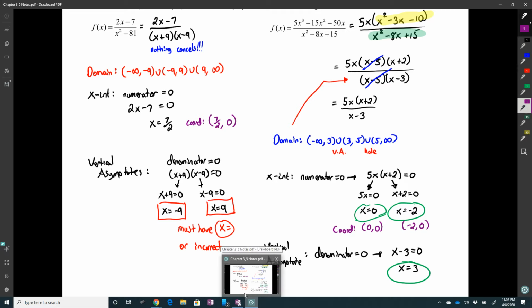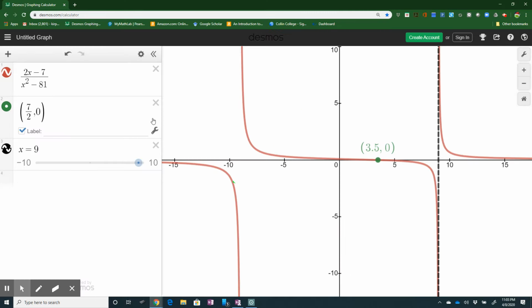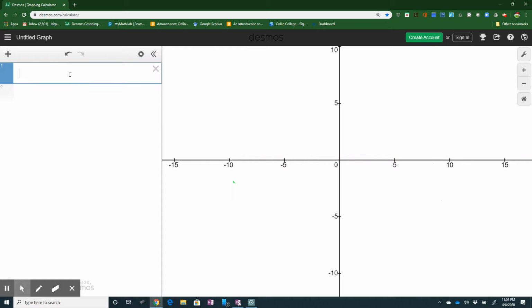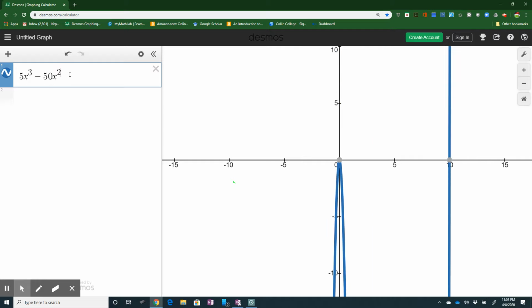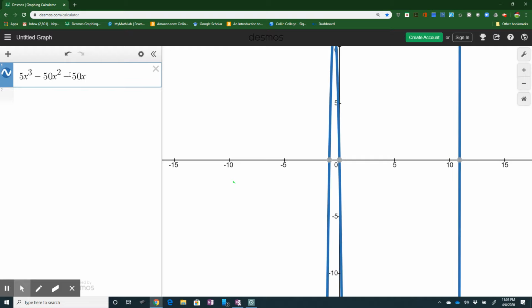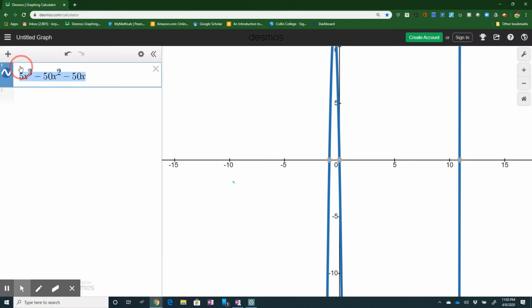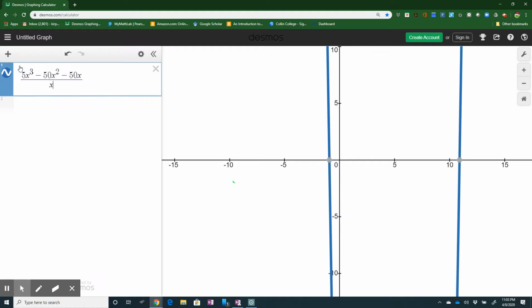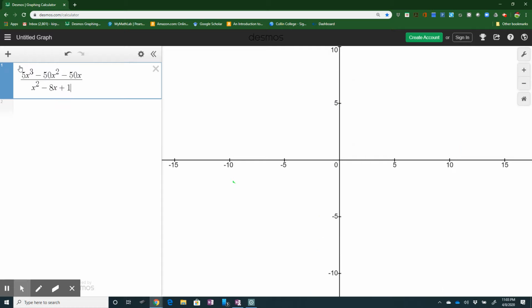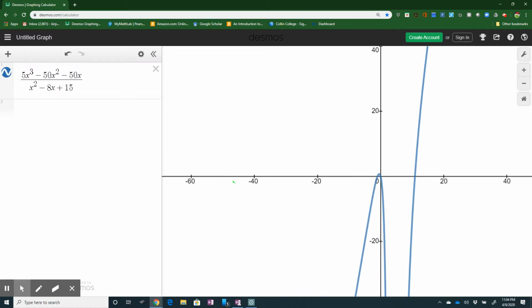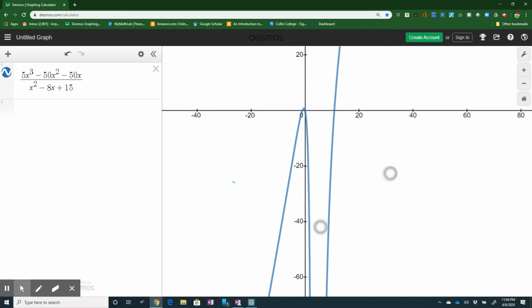But for the sake of funness, let's go ahead and graph it. 5x cubed minus 15x squared minus 50x, over x squared minus 8x plus 15.